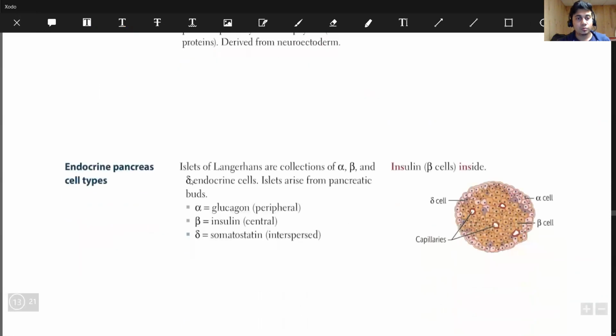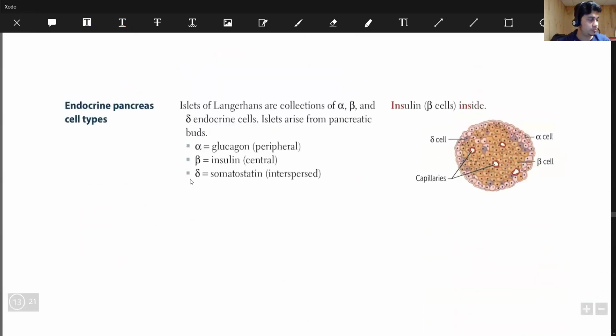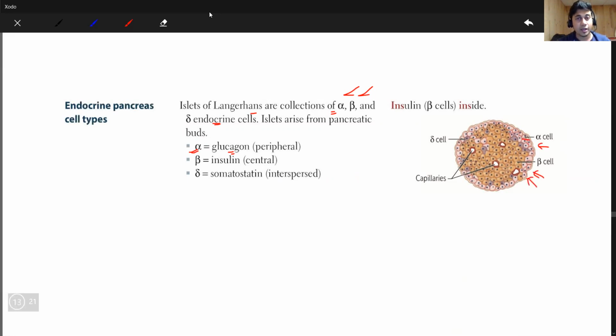All right, so now the endocrine pancreas, some work about the endocrine pancreas, the islets of Langerhans. We know that it's a collection of alpha, beta, and delta endocrine cells, and these different cells produce different hormones. Alpha cells produce glucagon, and they are usually found peripherally. As you can see, these oxyphilic or pink-colored cells are the alpha cells.